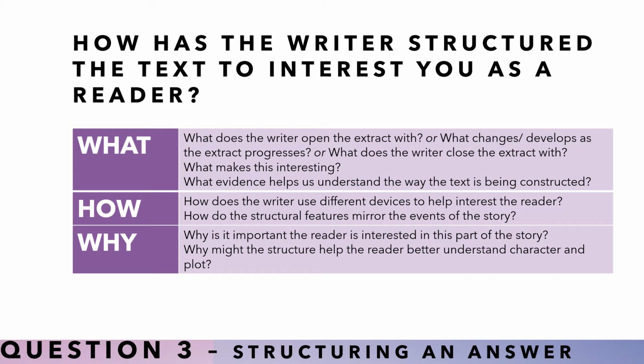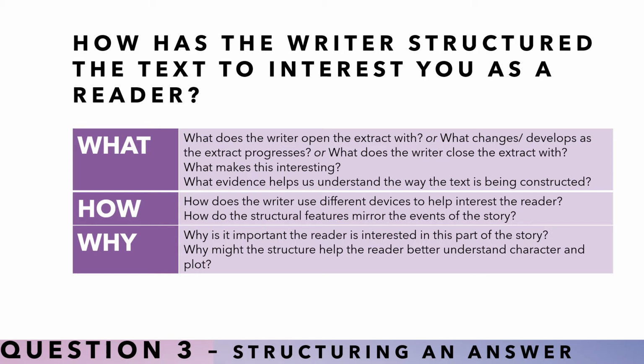So for question 3, we would start by thinking about what the writer does. So for example, we might think about what does the writer open the extract with, or if we're into our second paragraph, what changes or what develops as the extract progresses, or if we're on our last paragraph, what does the writer close the extract with?